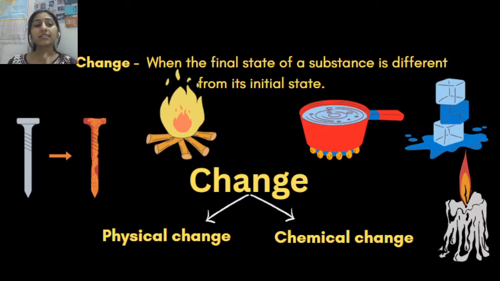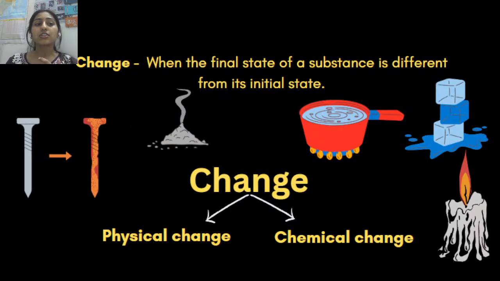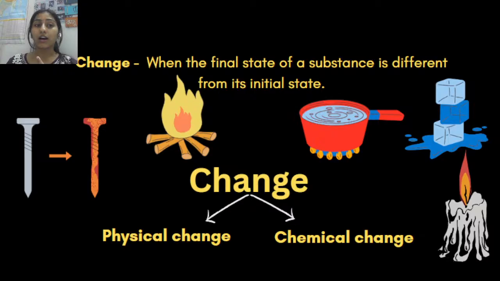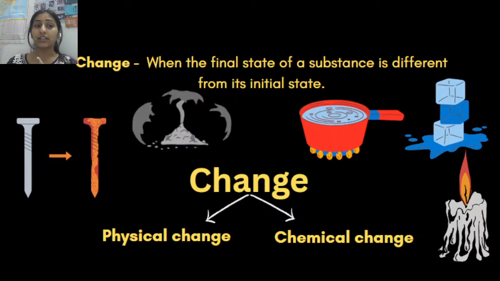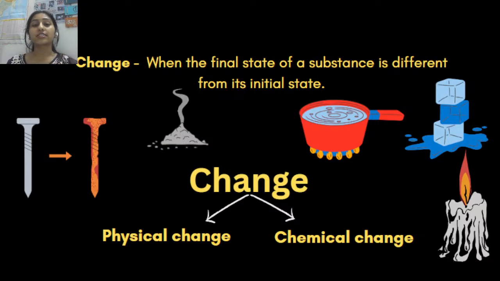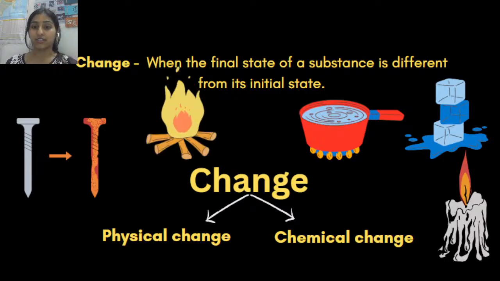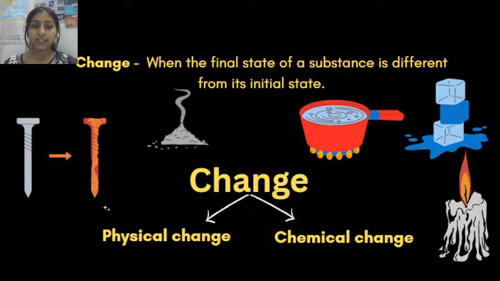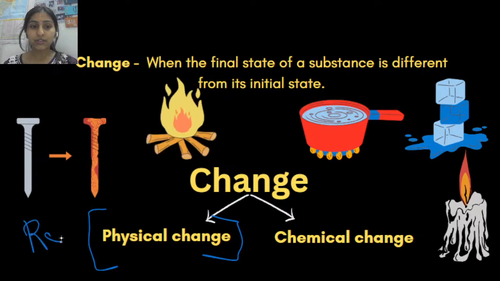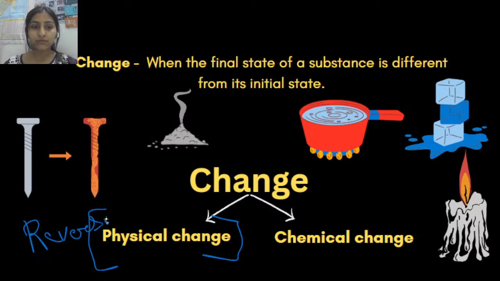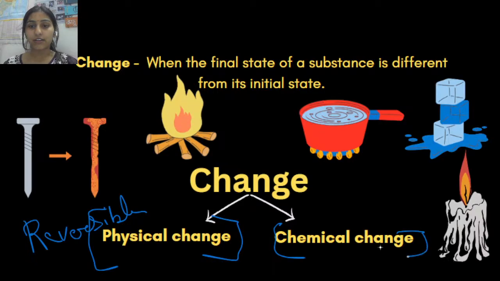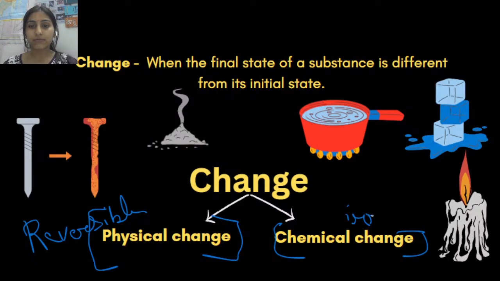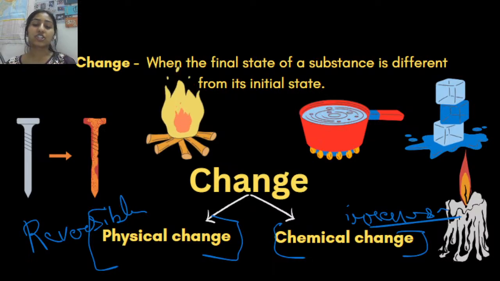Whereas in chemical changes, we are undergoing changes which cannot be reversed. So physical changes are somehow reversible, whereas chemical changes are irreversible. We cannot reverse these changes.